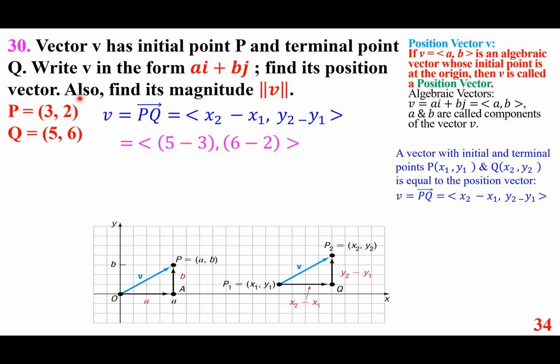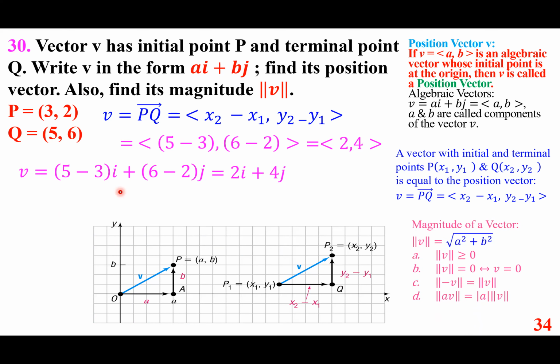And that simply gives us 2 and 4, or you can write it as 2i plus 4j. Either way is fine. Depends on how they ask you.